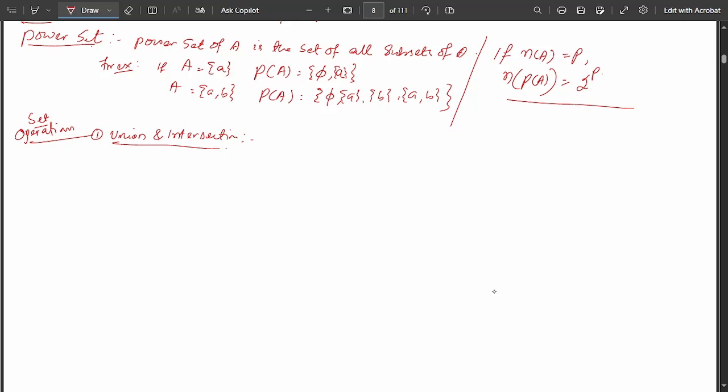Union of sets A and B is written as A union B, and is the set of all elements contained in A or B.